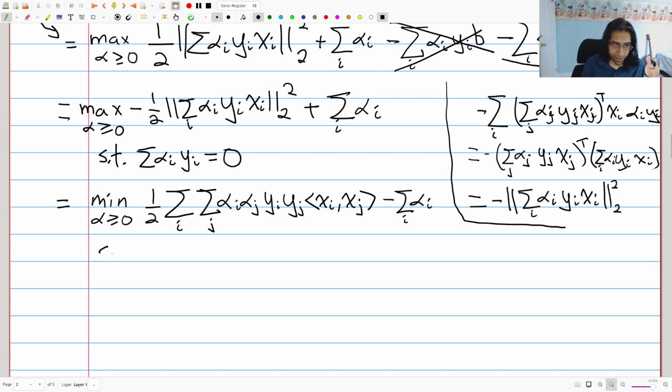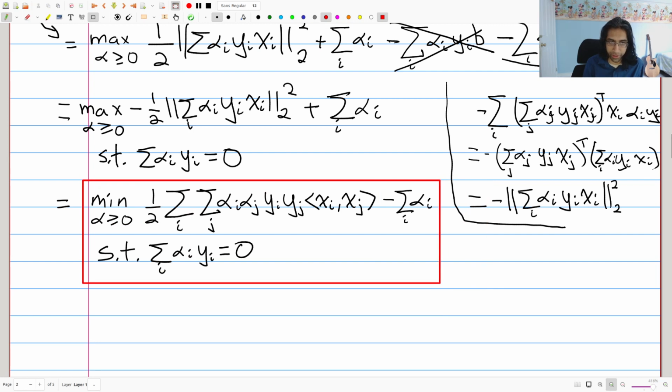And once again, we still have the constraint that summation over alpha i yi is equal to 0. So at long last, we've done a lot of work, but this in the end is the dual of the optimization problem.